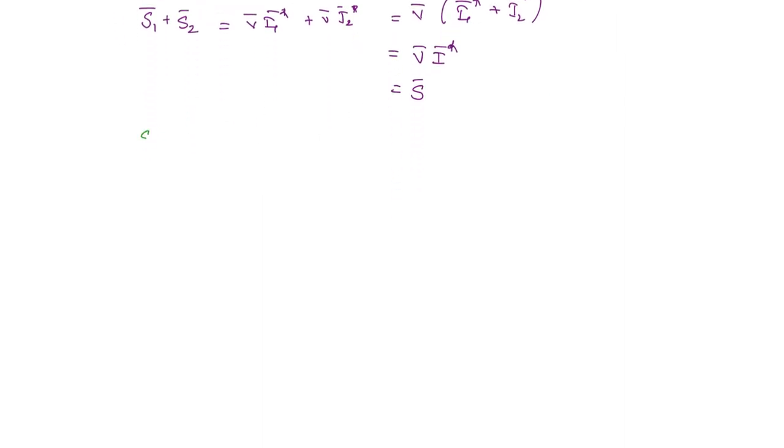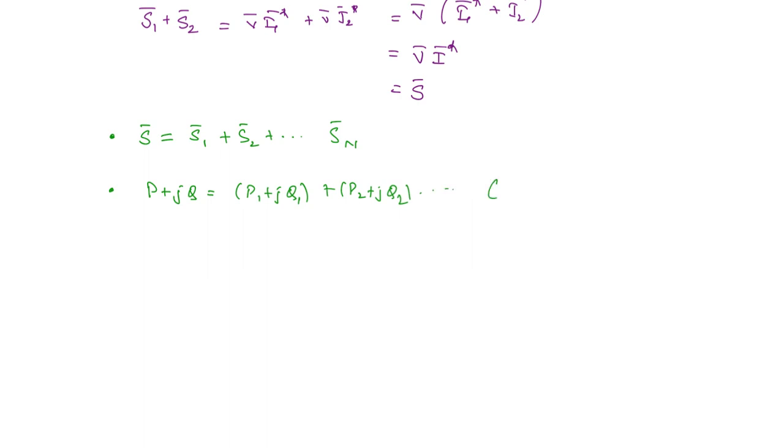So, we can write in a generalized form S bar is equal to S1 bar plus S2 bar plus so on till Sn bar if there are n elements absorbing power. Each of the expressions you can write as P plus JQ is equal to P1 plus JQ1 plus P2 plus JQ2 plus so on.